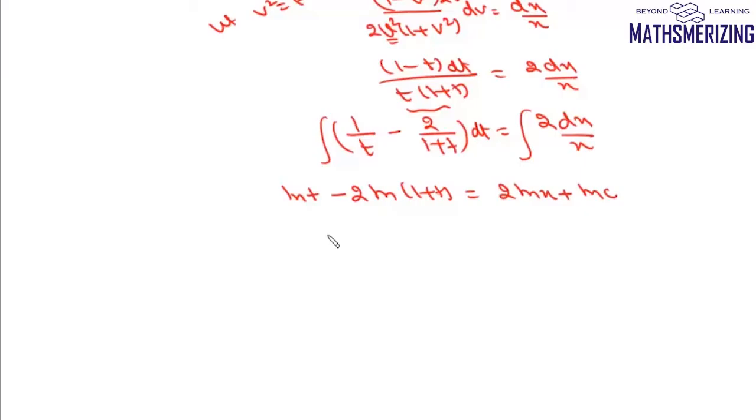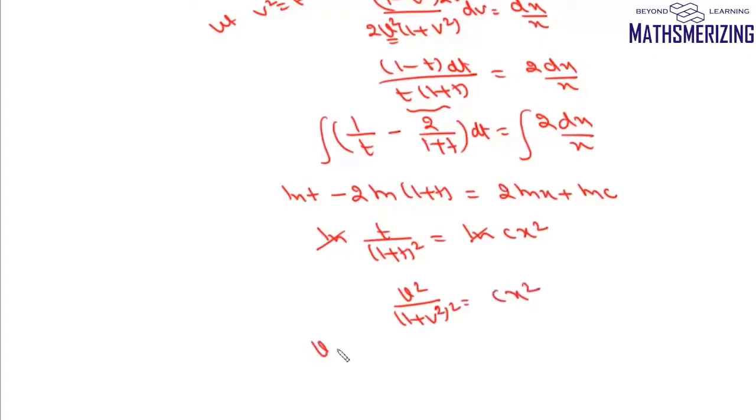So we'll write this as log t upon 1 plus t square, and it'll be equal to log c x square. We'll cancel this log with log. Now what's t? T is v square. So we can write v square upon 1 plus v square whole square, and it'll be simply c x square.